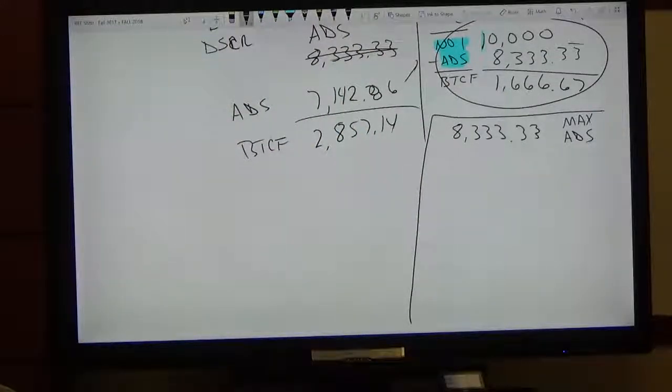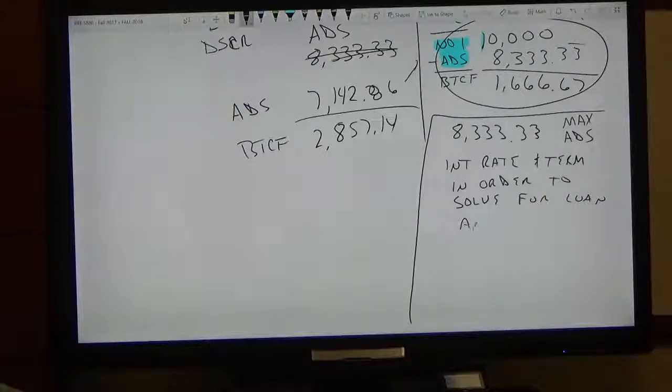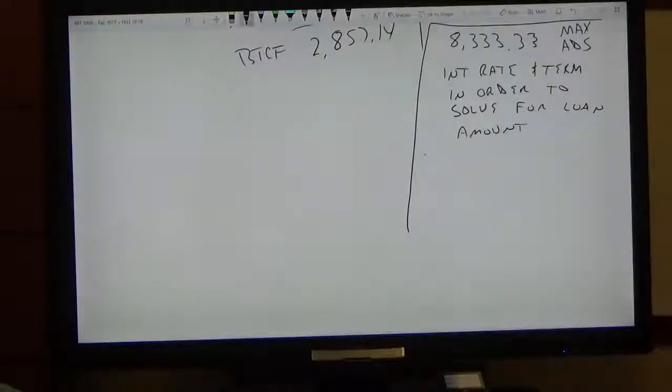We need to know the interest rate and the term in order to solve for the loan amount. Okay? Does that make sense? With that one piece of information, we would need those other two pieces of information to solve for the loan amount. So let's do it real quick. Okay? So first of all, 12 payments per year.